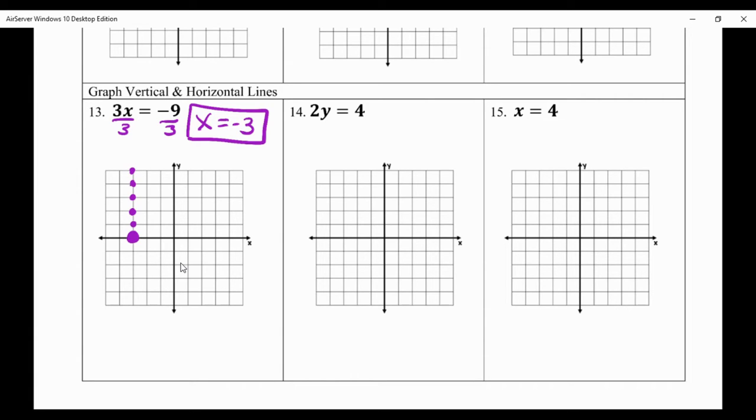X also equals -3 at (-3, -1), (-3, -2), (-3, -3), (-3, -4), (-3, -5), and so on. So the line x equals -3 is a vertical line through the point (-3, 0). Whereas y equals a number would be a horizontal line.